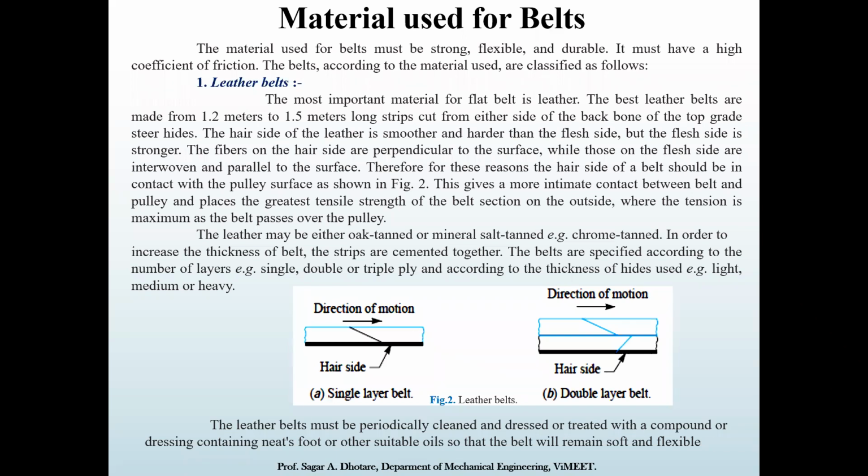The number of layers should be appropriate because it depends upon the type of load to be carried. For example, a single layer is used for light loads, a double layer for moderate loads, and a triple layer or multiple plies for heavy loads. The number of layers is called a ply: single ply, double ply, and triple ply for light, medium, and heavy loads.